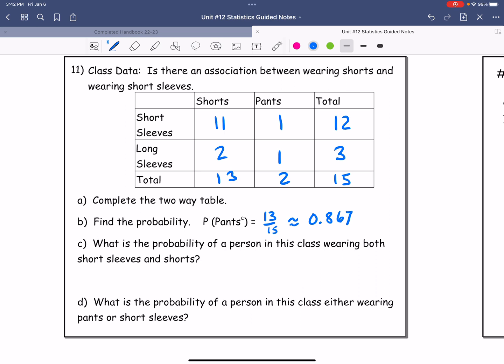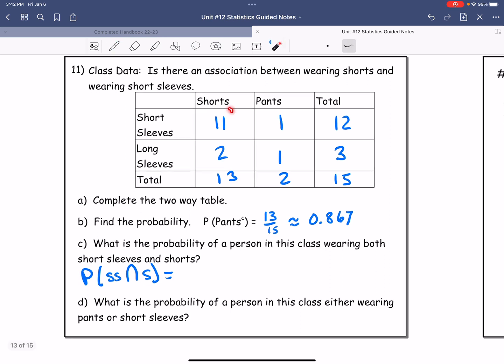What is the probability of a person in the class wearing both short sleeves and shorts? So the probability of short sleeves and shorts is, let's see, 11 out of 15, which is about 0.733.